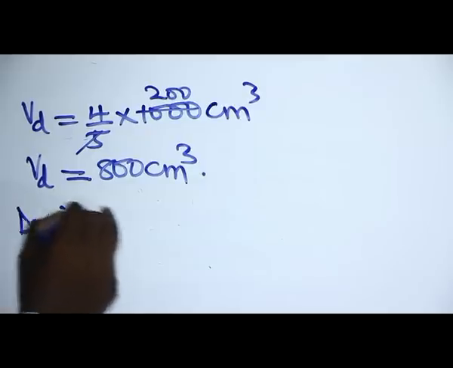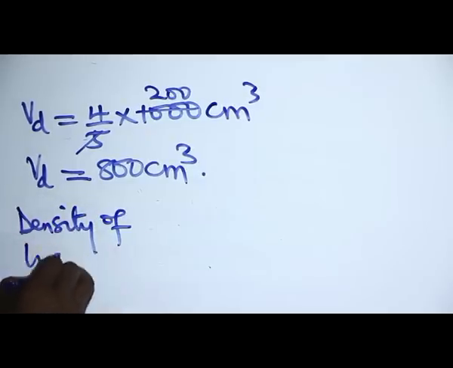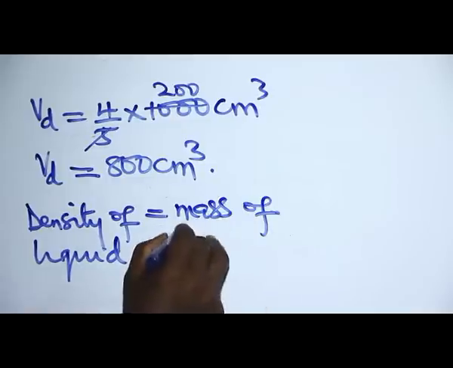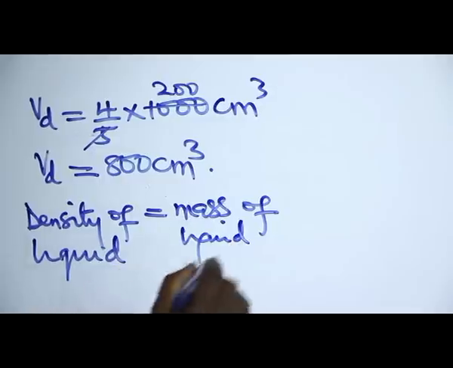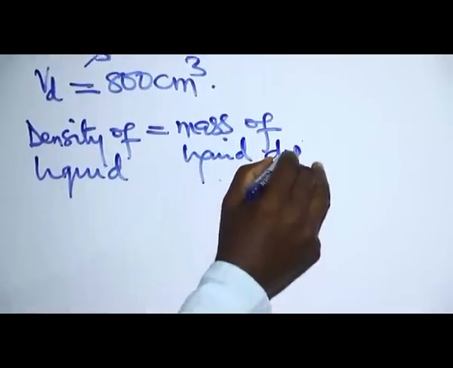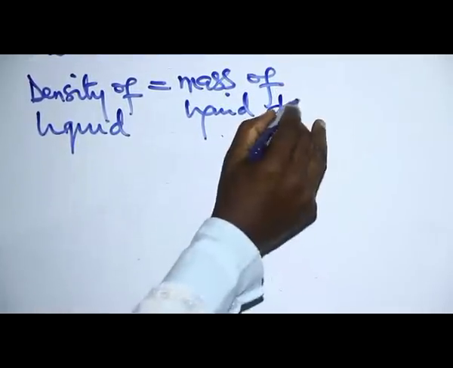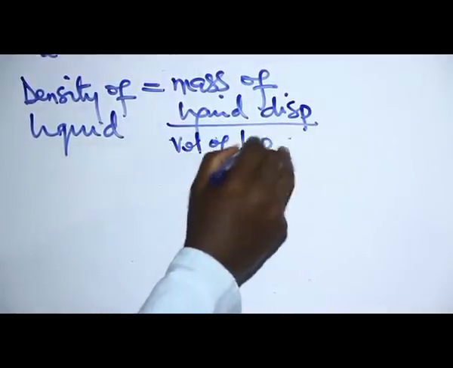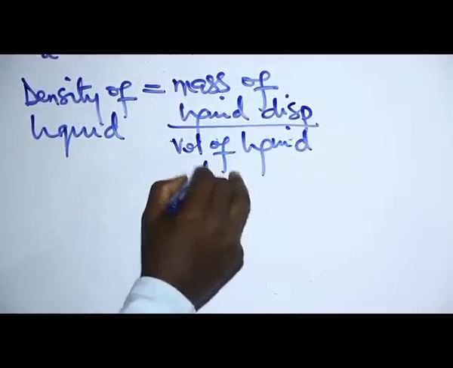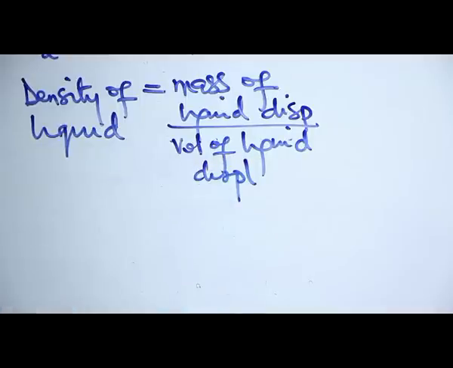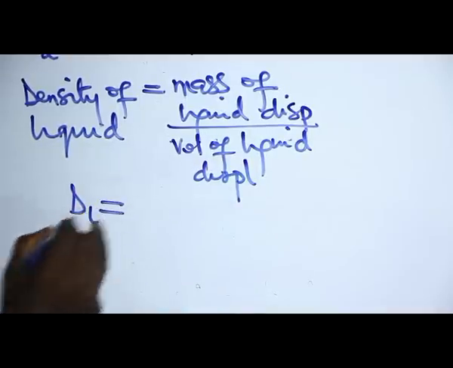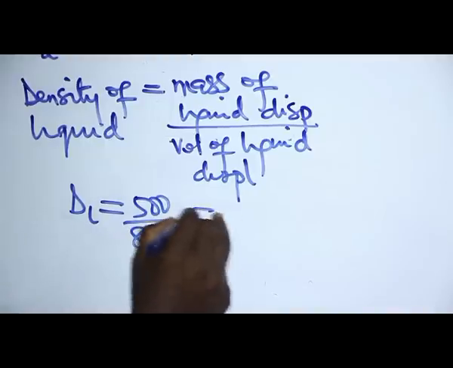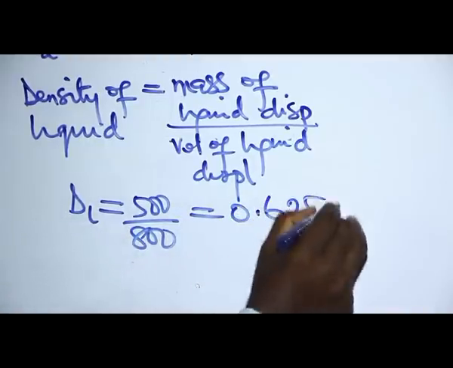Density of the liquid is equal to the mass of the liquid displaced divided by the volume of liquid displaced. So the density of the liquid becomes 500 over 800, which is 0.625.